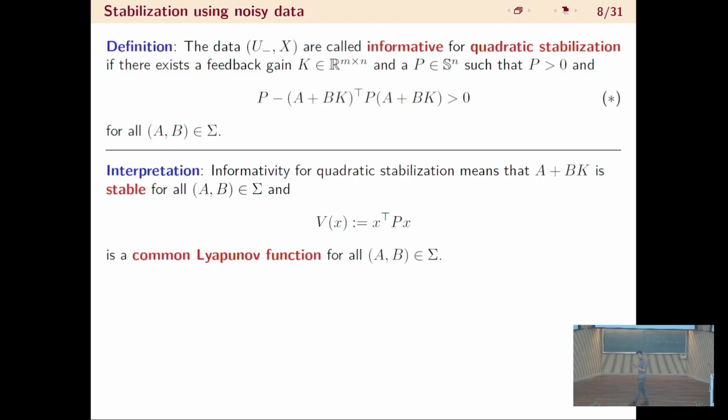So informativity for quadratic stabilization means we find a single controller that stabilizes all these systems consistent with the data with the same Lyapunov function. So this Lyapunov function is common for all systems consistent with the data.